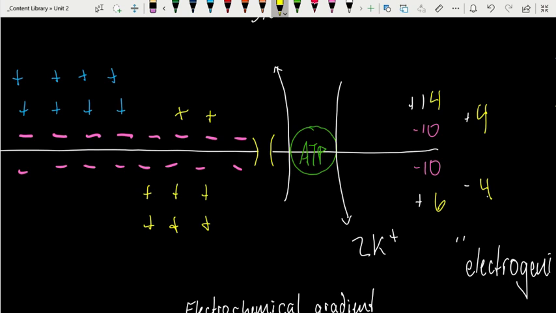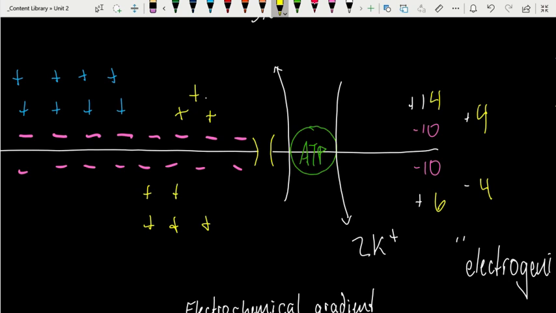Now, let's move one more. Same thing's going to happen. The outside's getting more positive, the inside becomes more negative, but this is where the electrochemical gradient starts to come into play. For every potassium that leaves, the cell gets more negative, and it's wanting to pull those potassiums back in, so it lessens the pull.